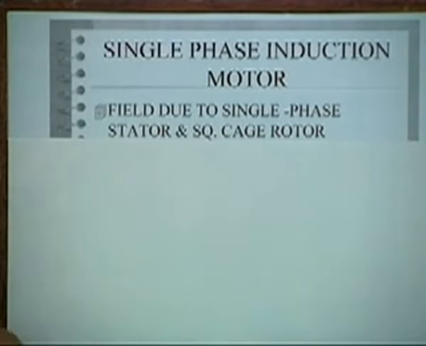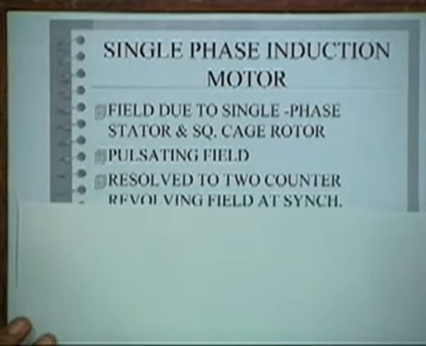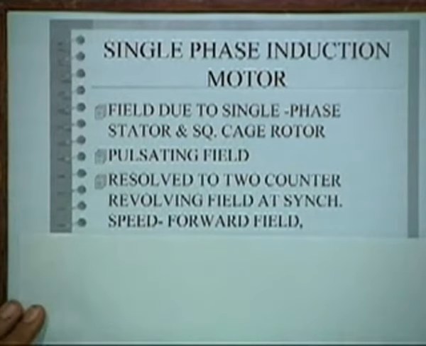Imagine a single phase motor to be a normal three phase motor where two phases are not carrying current, only one, but the squirrel cage is there. Then what is the type of field it will create? Will it create a rotating field? It will create a pulsating field, isn't it? We are told it creates a pulsating field, resulting in two counter revolving fields, both at synchronous speed.